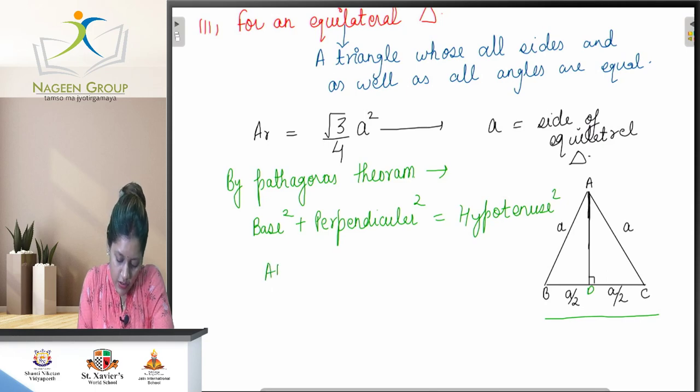That is, AB square is equal to AD square plus DB square.